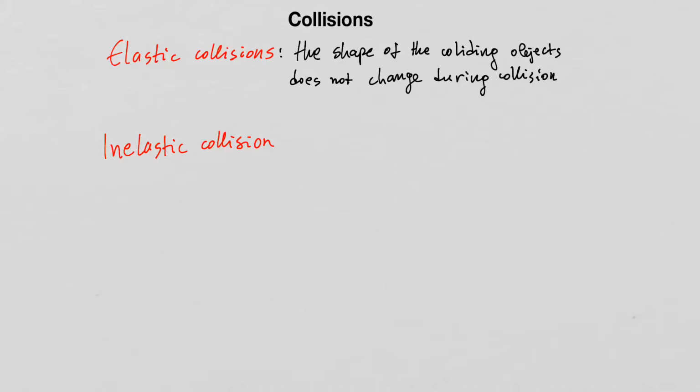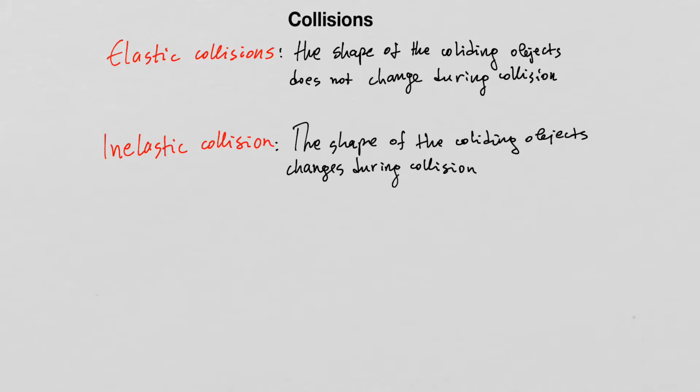For example, a basketball that is thrown at the wall, when it hits the wall, is going to deform a little bit, but once it bounces off the wall, it regains its original shape. So that's an example of inelastic collision, where the shape changes. And again, during an inelastic collision, the shape of the colliding objects changes during collision.